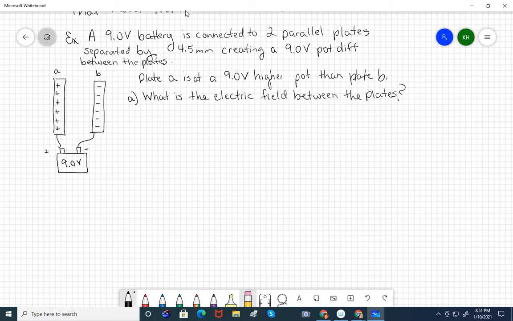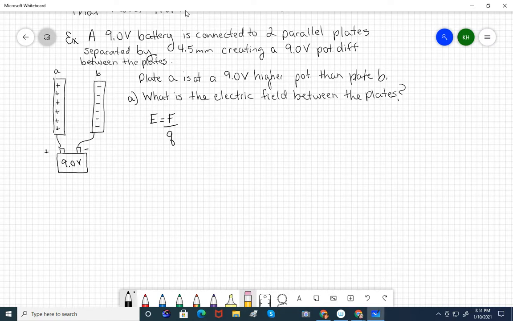We learned that electric field is equal to the force per unit charge. Well, I don't know force and I don't know unit charge, but it's something to think about. Let's think. They tell us I have a 9-volt potential energy. Well, 9 volts, I said potential energy and I meant potential difference.